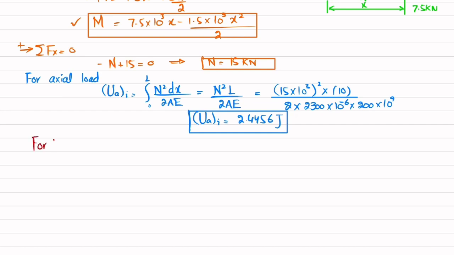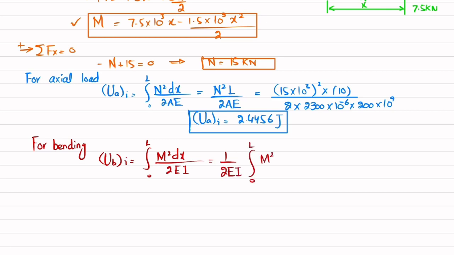For bending, we know that strain energy due to bending is equal to integral from 0 to L of M square dx divided by 2EI. Or this can be written, if you take 1 over 2E outside, as integral from 0 to L of M square dx.